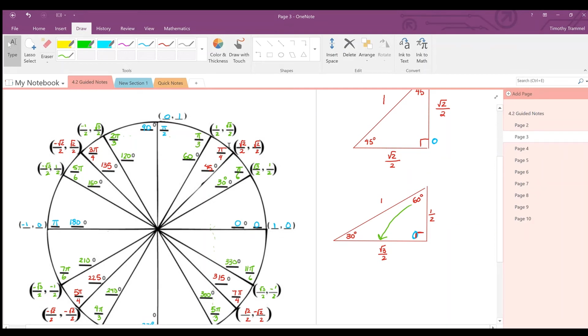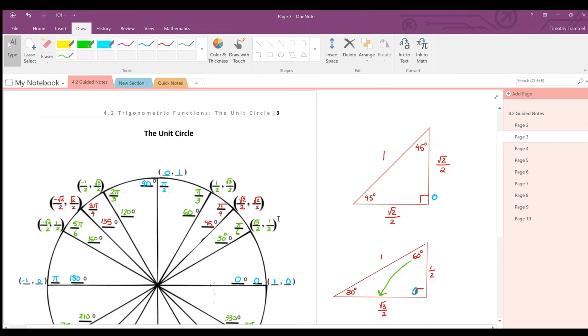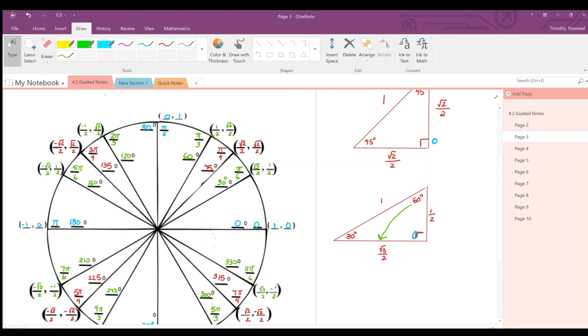But I want to point out that you could do this still, even though you don't see negative angles here, you're aware that negative angles result from clockwise rotation. Okay, so if we look back at this, it was minus pi over 4, right? So if I were to rotate negative pi over 4, that would land me right here at 7 pi over 4, right?